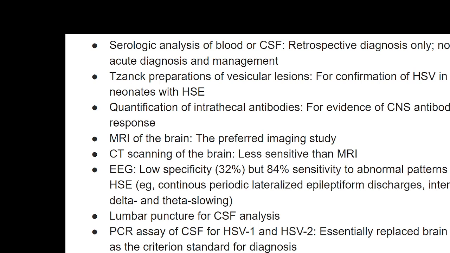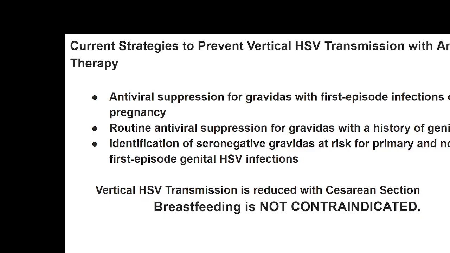Neonates developing these HSV infections, there will be lots of confusion with the diagnosis. The child may present with neurological symptoms like convulsions, movement abnormalities, or other neurological abnormalities where the clinical diagnosis becomes difficult. This series of investigations may be necessary to confirm the diagnosis of HSV.